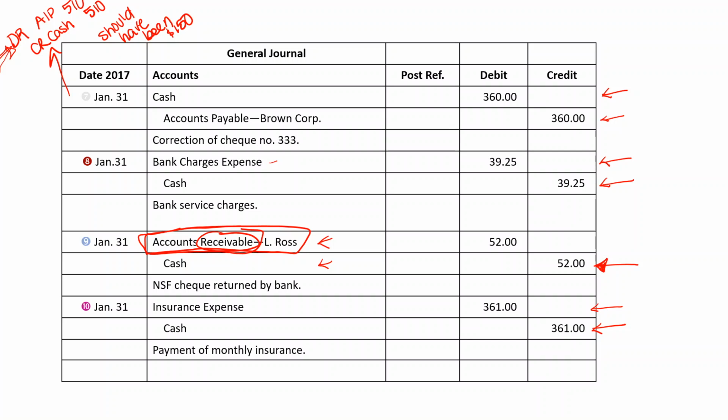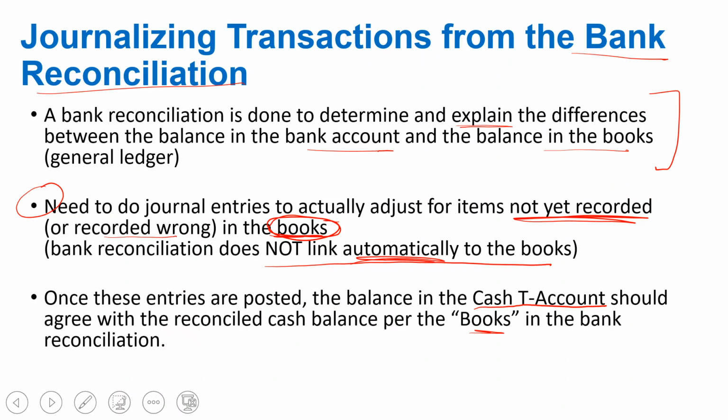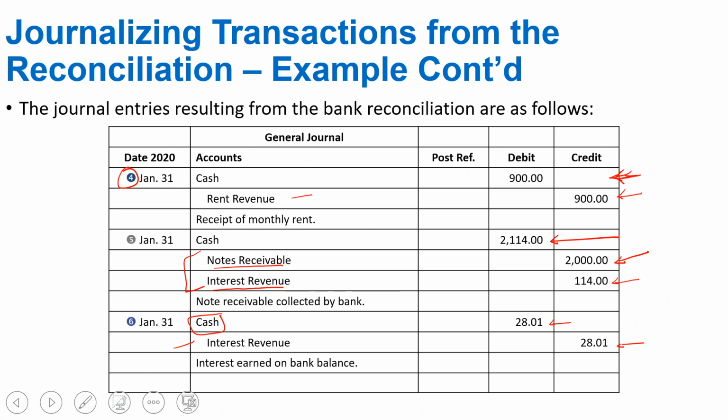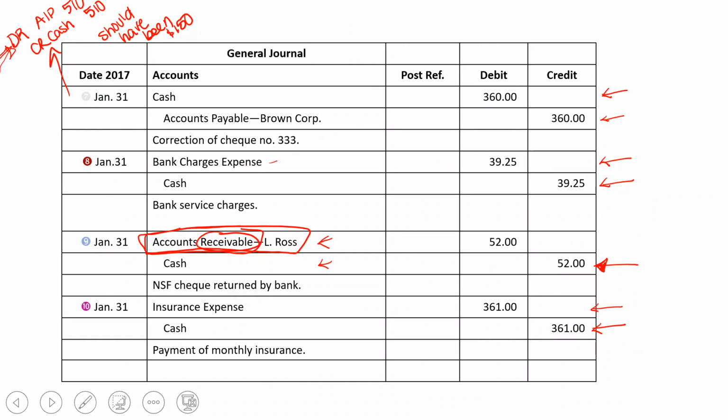So as I said, you're just looking through the reconciling items that hit the books side of your bank rec, figuring out either why did the money come in or why did it go out, and recording the entry accordingly. Okay, so that is the last step. Now once we do this and we posted these to our T account, we would be left with the ending balance that we saw, that reconciled book balance.